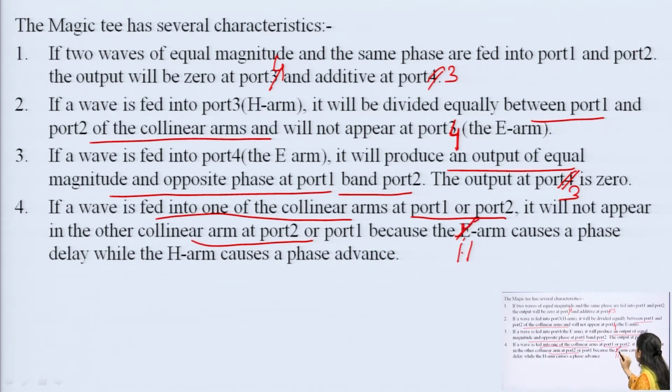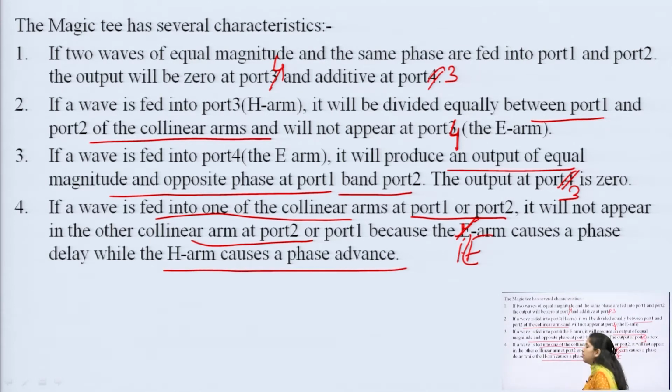The E arm causes a phase delay while the H arm causes a phase advance. So, these are the main interpretations, and when the power is given to one of the collinear arms, it will not appear at the other collinear arm. If the power is fed into port 1, it will not appear at port 2, and if the power is given to port 3, it will not appear at port 4.